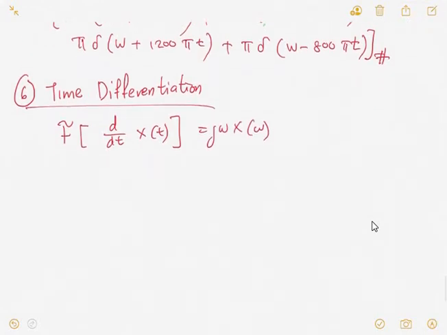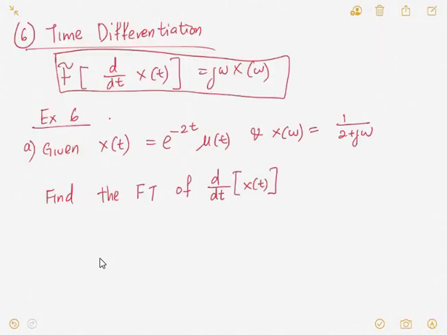Okay. Now let's look at the example. Given x(t) equals e to the power negative 2t u(t), and X(omega) is 1 over 2 plus j omega, find the Fourier transform of d over dt x(t).